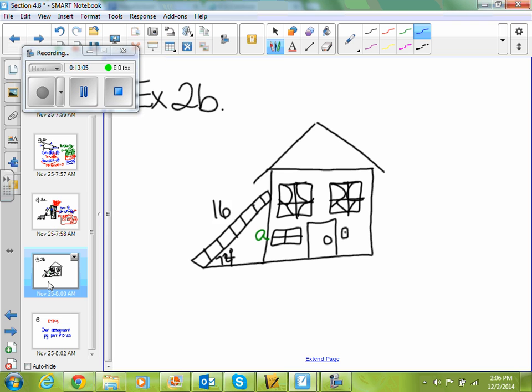So I'm given an angle and I'm given a hypotenuse, and this side is going to be my opposite side to my angle. So what trig identity am I going to use that uses opposite and hypotenuse? Sine, yep, sine uses opposite and hypotenuse. So sine of my 74 degrees is equal to my opposite side, which I don't know, over my hypotenuse, which it told me was 16 feet.